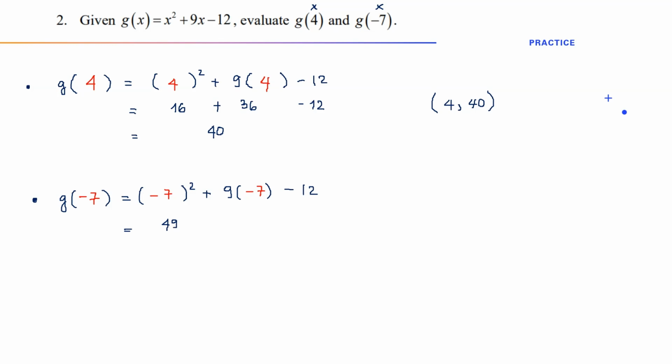Remember, when you square a negative number, it will be positive. 9 times -7 is -63. Subtract 12. And this one is -26. We can write the point as -7, -26.